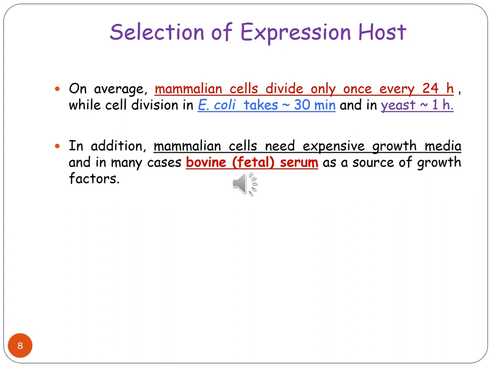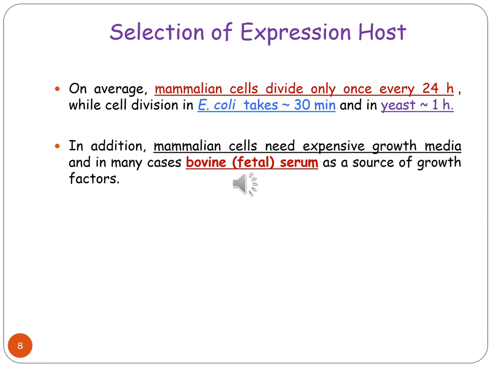Some bacterial cells, for your information, take only 17 minutes. And also here they said that the yeast take around 1 hour for a cell division, which is relatively fast. That's why we prefer E. coli, and we are not very encouraged to use mammalian cells.